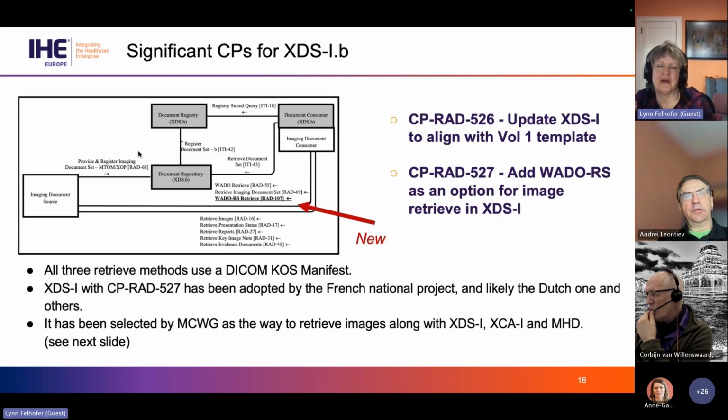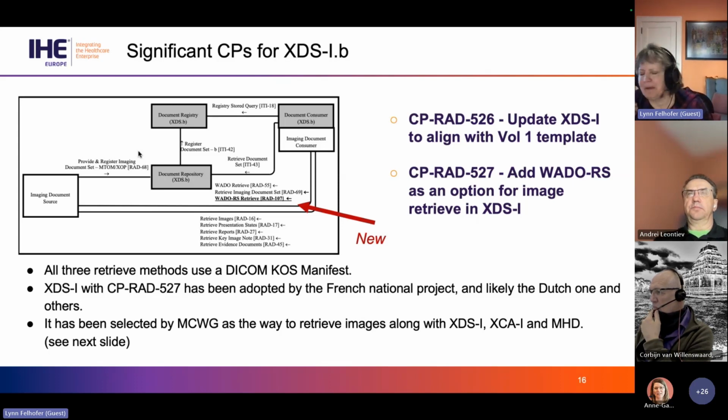That was CP 527. We also did a nice refactoring of XDS-I. It's an older profile that had kind of out-of-date documentation, and we cleaned that up. So the combination of 526 and 527 really adds some nice functionality and better documentation to XDS-I.